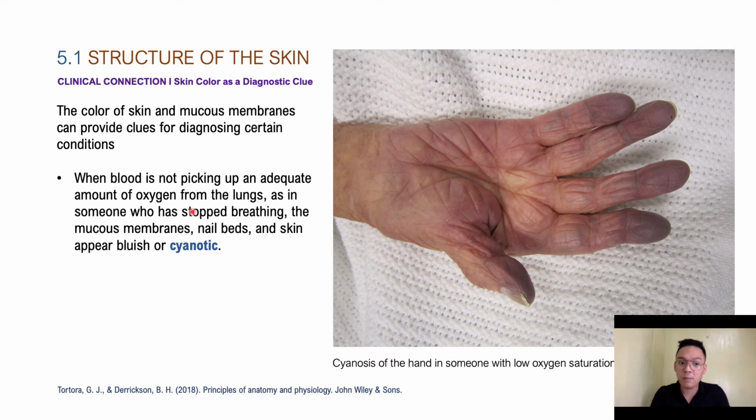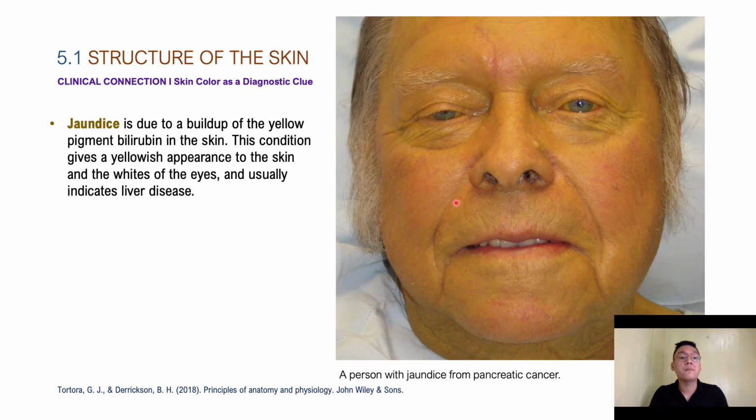When blood is not picking up an adequate amount of oxygen from the lungs, as in someone who stopped breathing, the mucous membranes, nail beds, and skin appear bluish, referred to as cyanotic, from the word cyan, which means blue. That technically is for low O2 saturation.